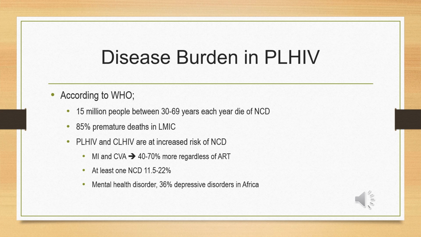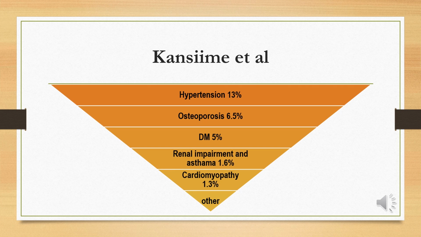Among mental health disorders, 36% had depressive disorders in a study conducted in Africa. A study conducted by Kansemi et al. concludes that the most common NCD in these patients was hypertension, followed by osteoporosis, diabetes mellitus, renal impairment, asthma, cardiomyopathy, and others with lesser frequency.